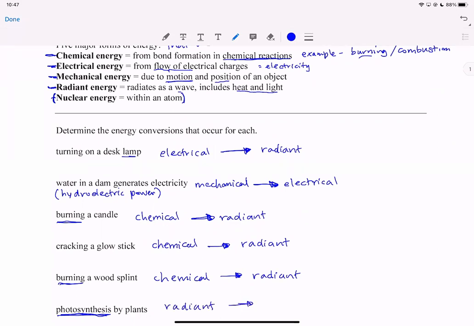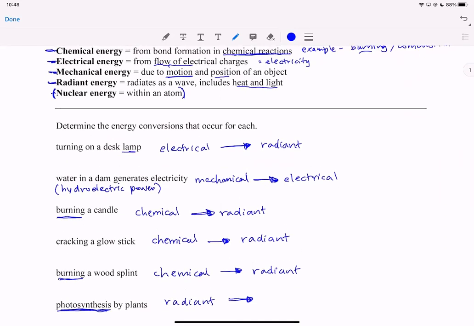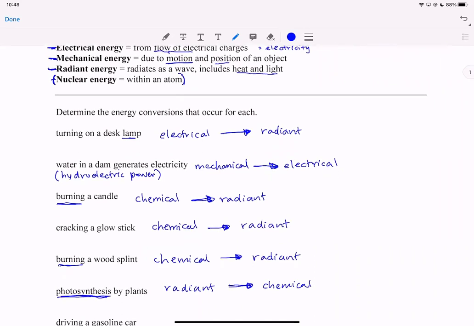Plants take that visible light and convert it into chemical energy. This is chemical energy that's stored in the compounds that plants make. So plants convert carbon dioxide into oxygen. Those are bonds that are broken and new bonds formed.